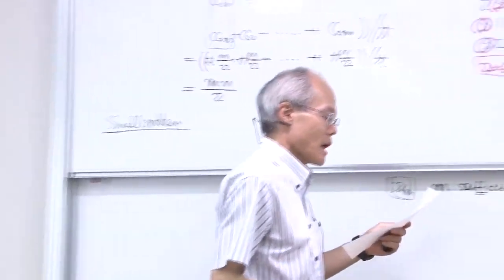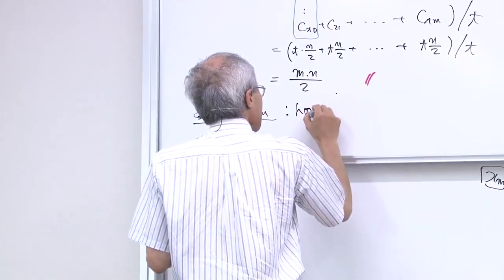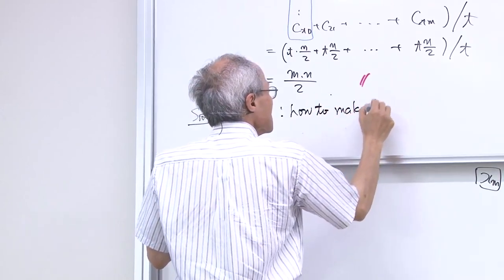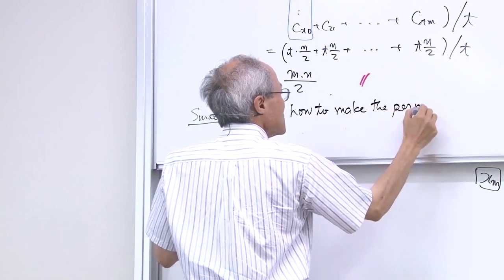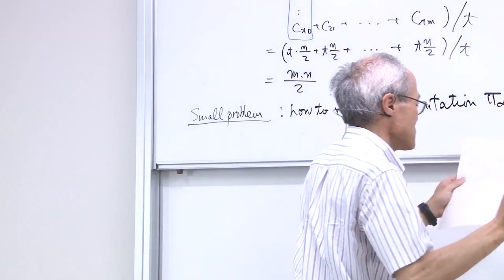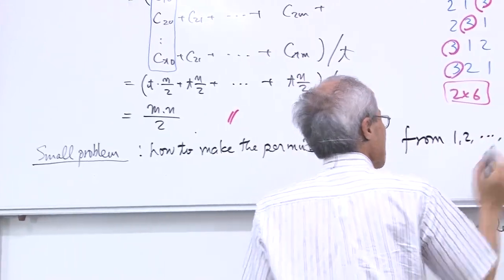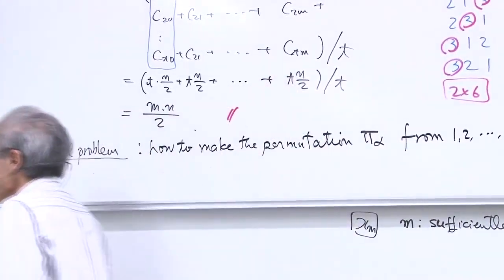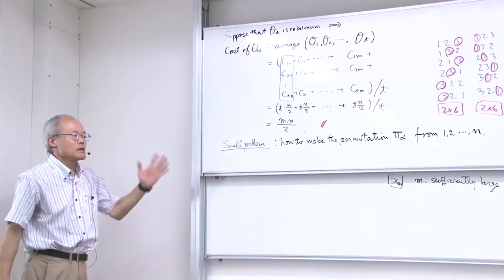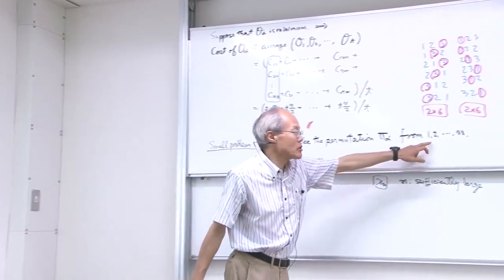As I said, the small problem remains. That means how to make the best permutation pi alpha from the initial sequential list.